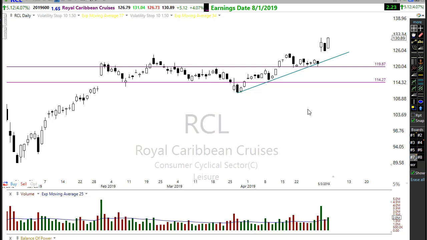All right, but we always have to wait for the pattern. Notice this one right over here. Gap and no go. Breaks that candle, comes all the way back and fills the gap. So we have to be patient and wait. Not try to predict it, wait for that trade to occur.